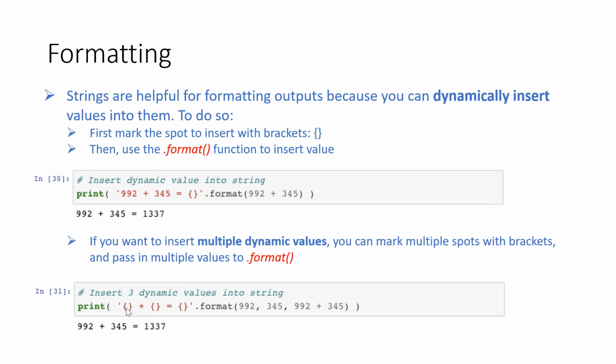I'm giving the first placeholder plus second placeholder equal to third placeholder, that is my string. The single quotes have ended, and on that string dot format I put 992 for the first placeholder, 345 for the second placeholder, and the third argument is the output of the addition. If you want a minus, you change it, and a different output will come.